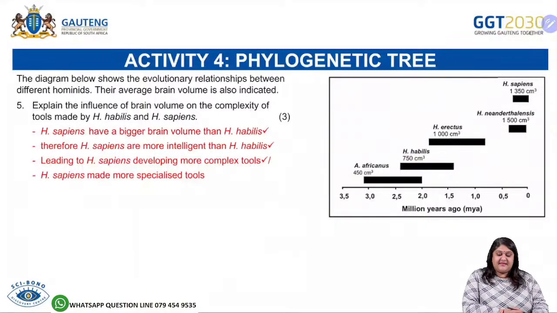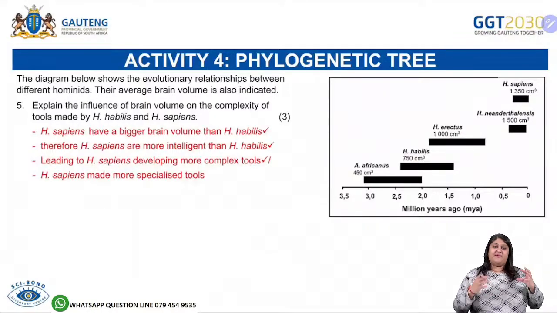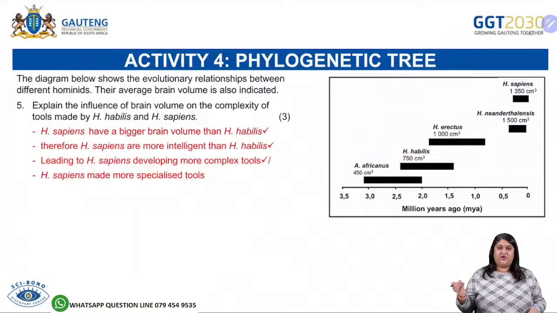So Homo sapiens have a bigger brain volume than Homo habilis. Therefore, the Homo sapiens were more intelligent than the Homo habilis, leading to Homo sapiens developing more complex tools, or you can say they made more specialized tools. Homo habilis made more primitive tools, and the Homo sapiens, because they had a greater brain volume, it meant greater intelligence. They were able to develop more complex tools.